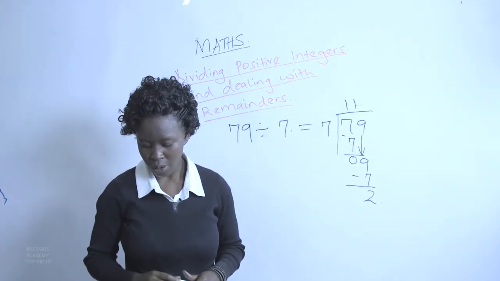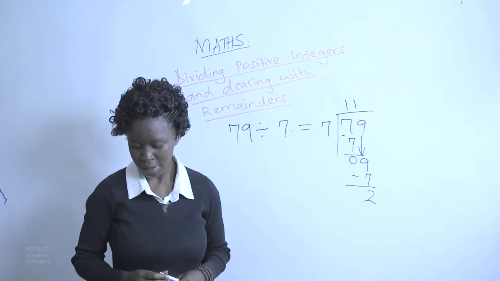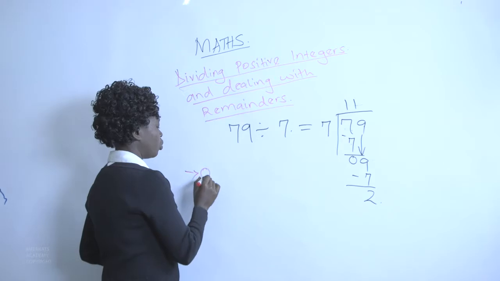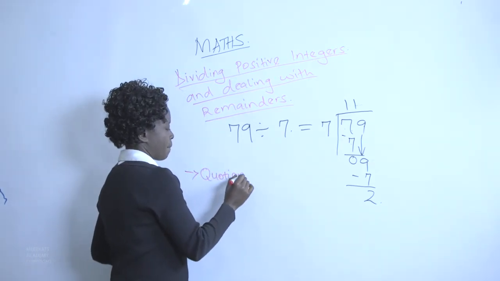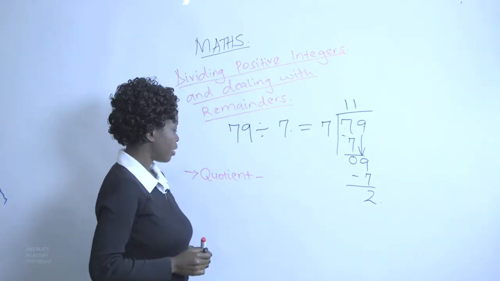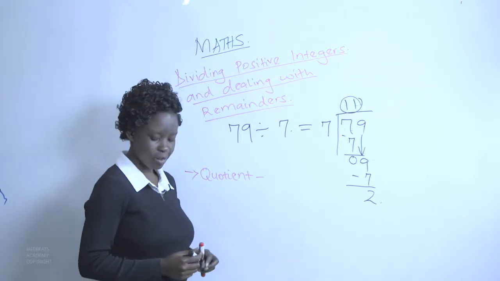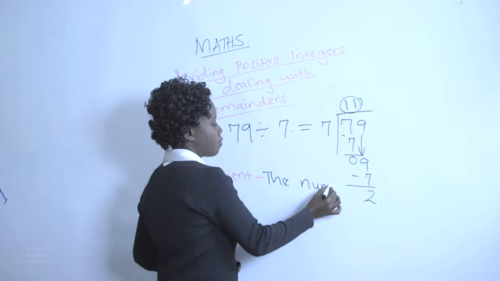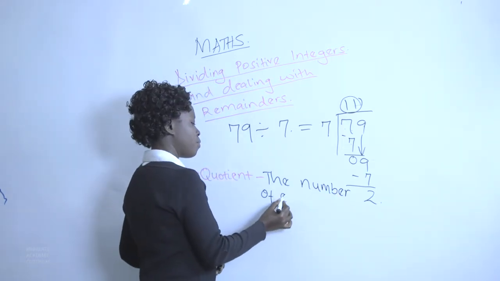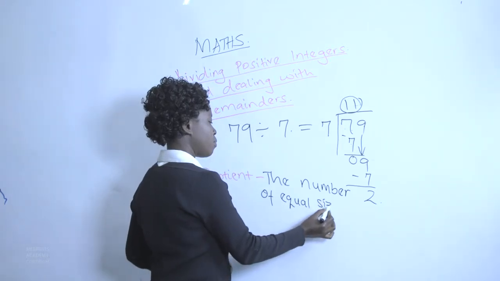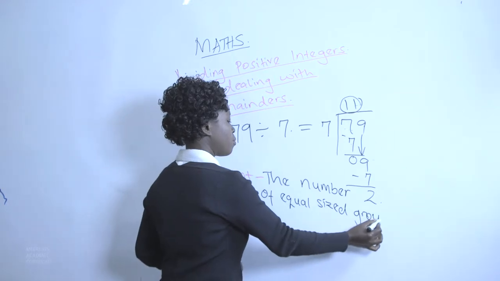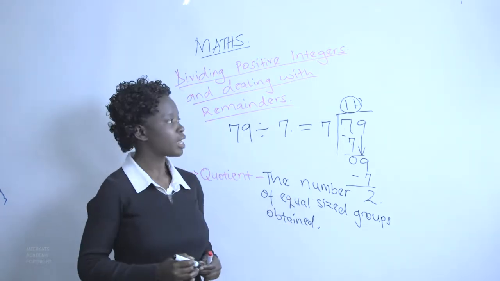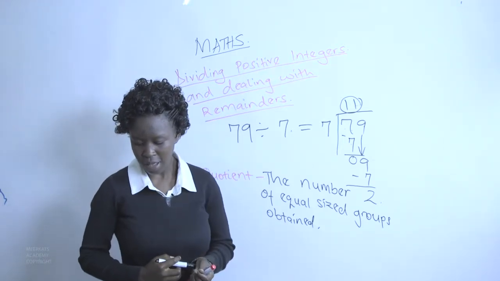The first term that we are going to define is the quotient, and we define the quotient as simply the number of equal sized groups that are obtained.